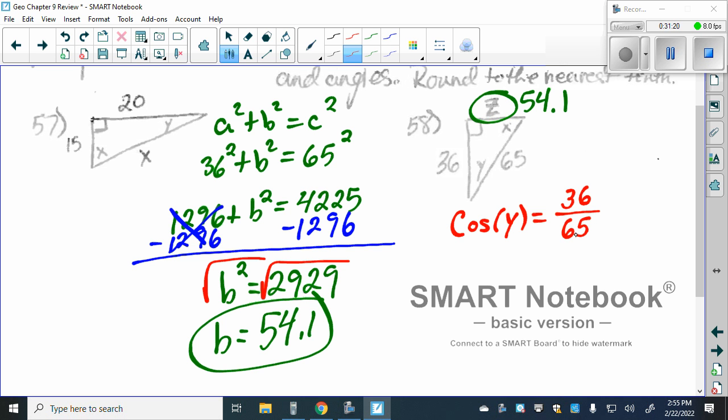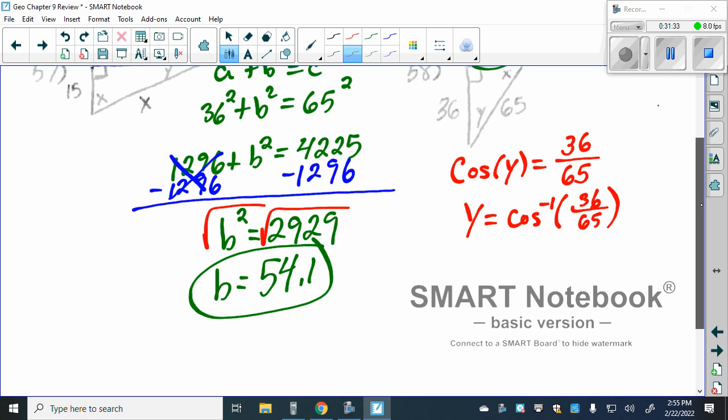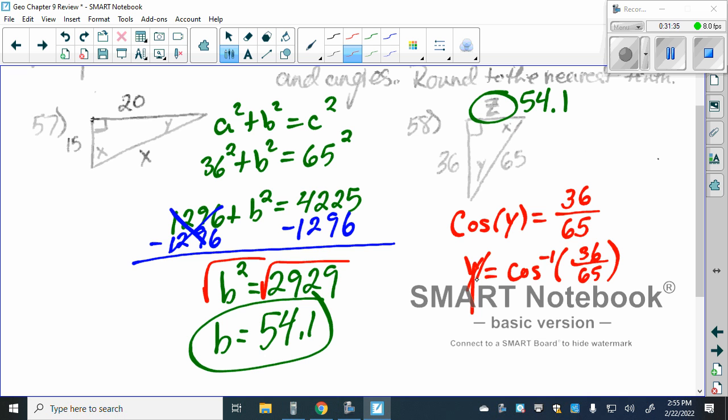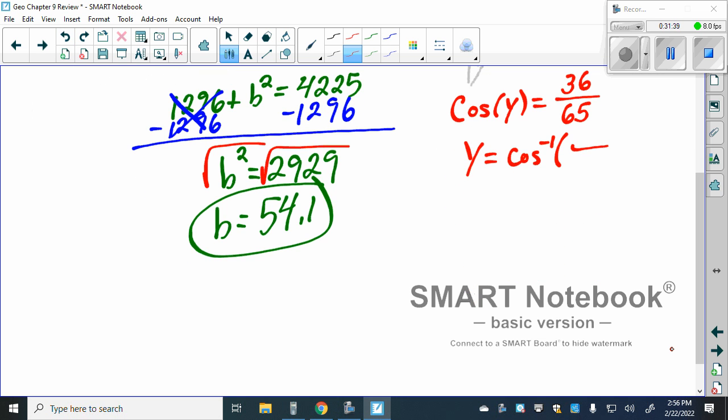I'm using the two side lengths that we didn't have to approximate for the decimal. And again, here we would use our cosine inverse of both sides, telling us y is equal to cosine inverse of 36 over 65.